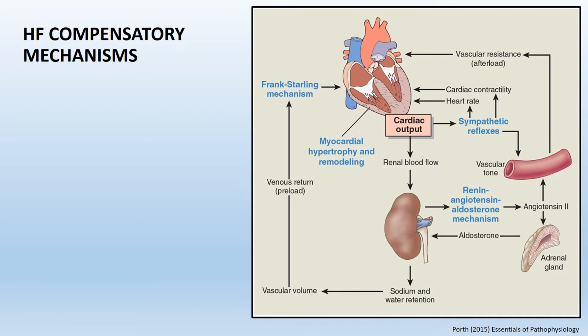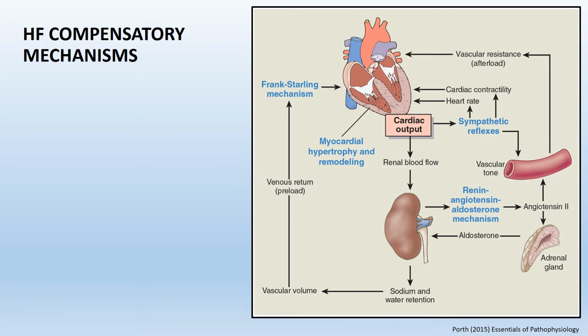The second mechanism is the sympathetic nervous system, and that occurs in response to decreased cardiac output. So heart rate and contractility, vascular tone regulation, renal sodium and water retention all increase. Now initially this is helpful, but quickly it becomes maladaptive and results in deteriorating heart function.